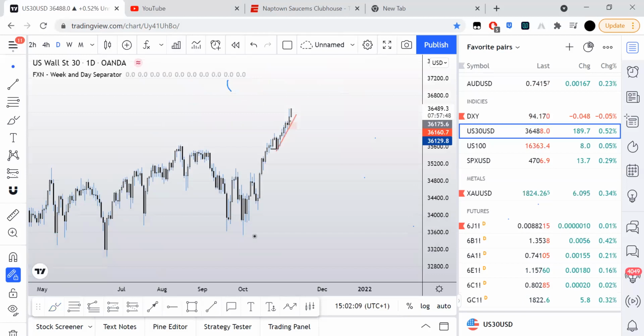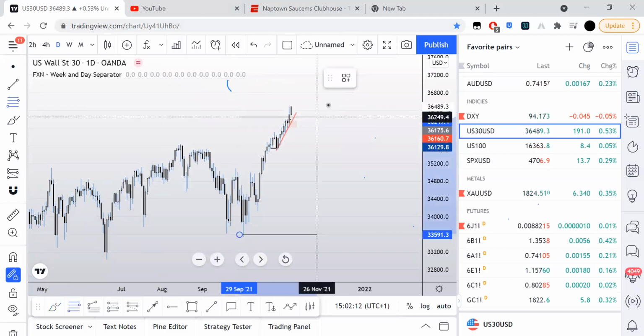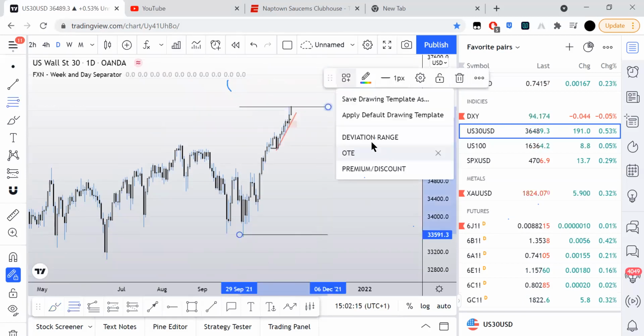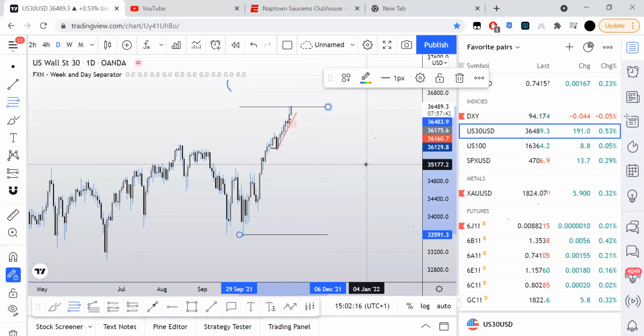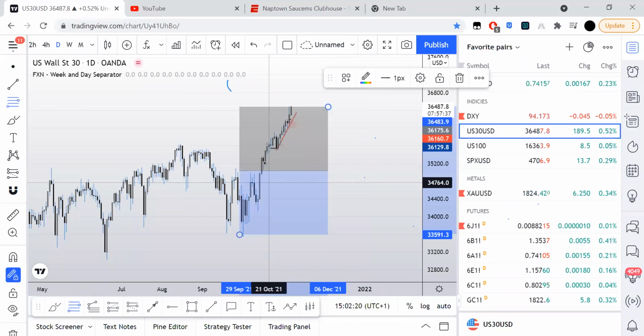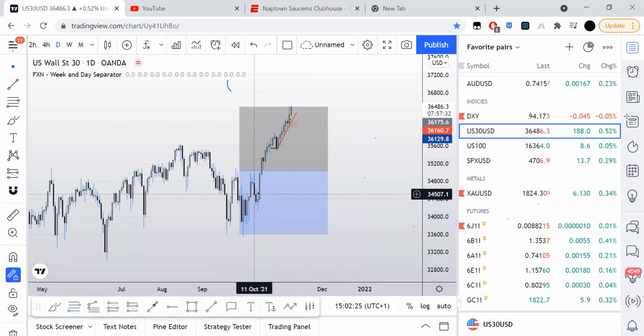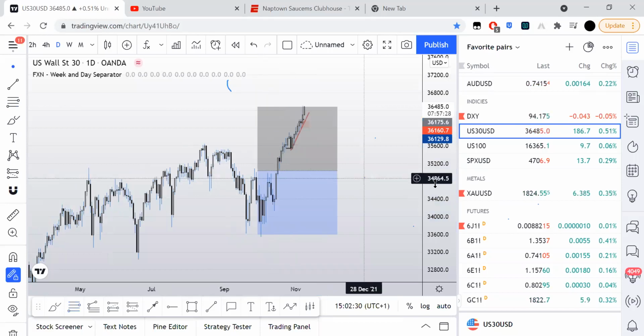So from this range, from high to low, down here would be discount. It could just come to this order block right here if it wants to. But yeah, I would like to see price be respected once it gets into here, or price to eventually come into here, at least a discount.